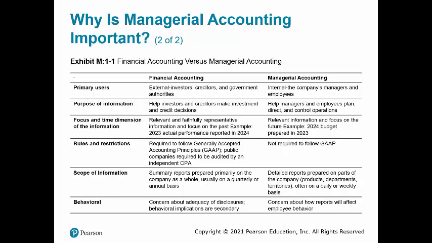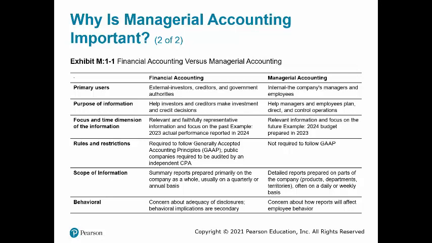So you want to be able to compare companies based on the financial accounting information being prepared using the same principles. Also, because the information is being provided to third parties, outside users, you want that information to be audited because it increases the credibility of the information.